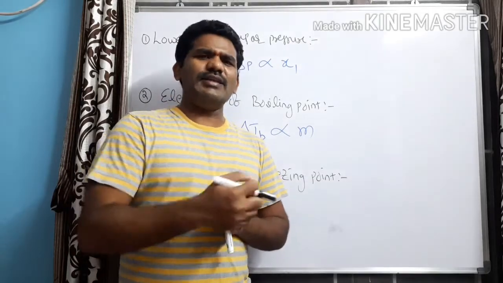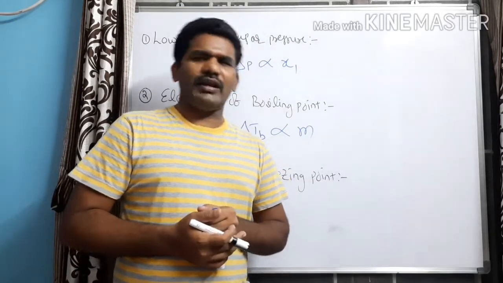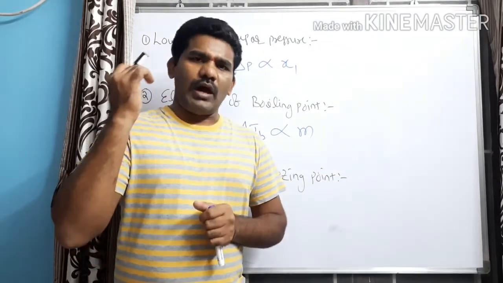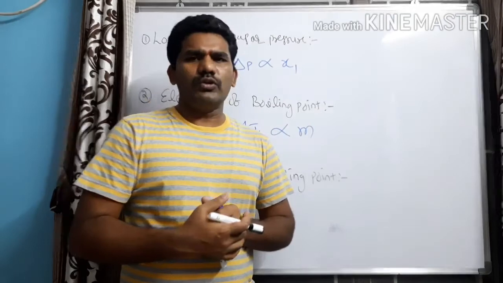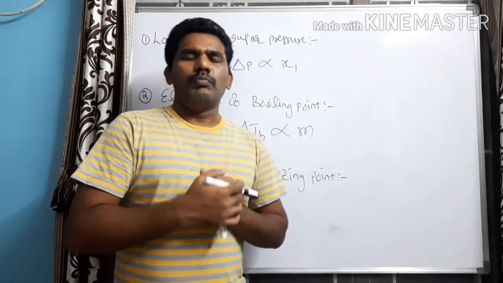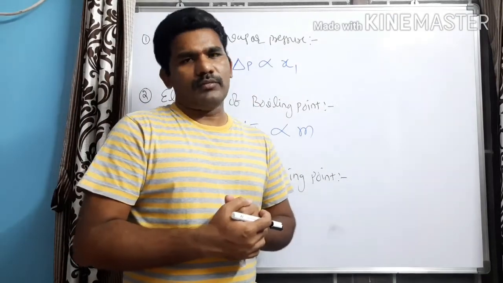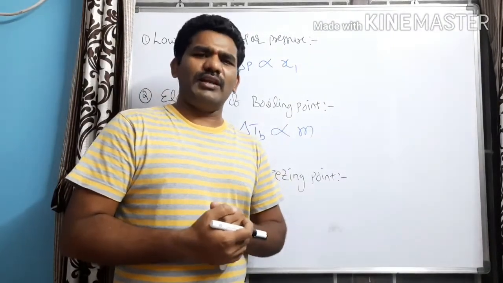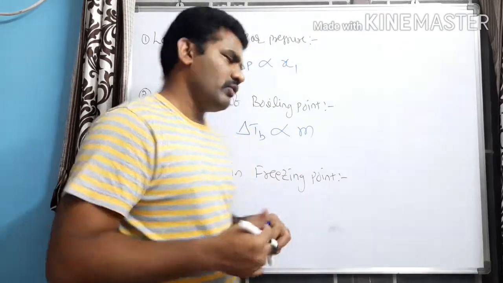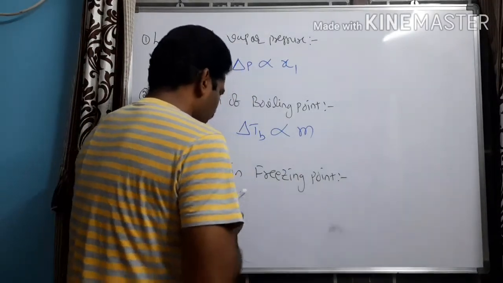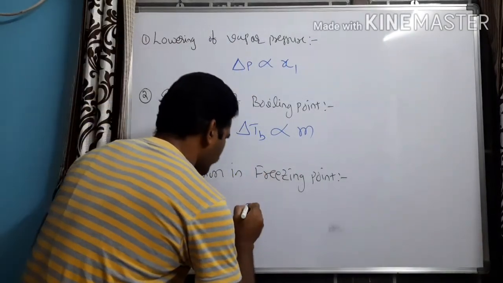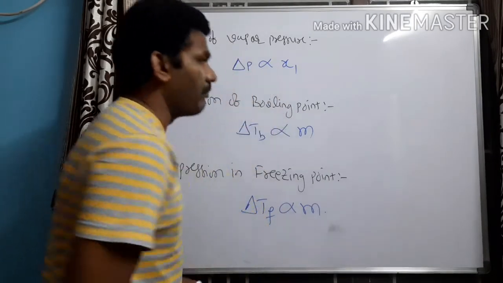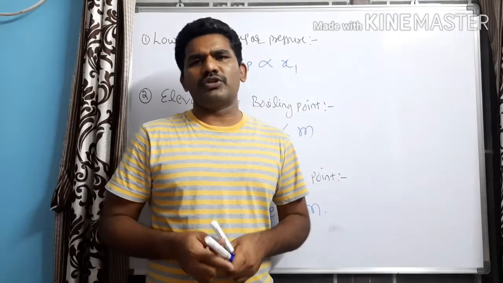This decrease in freezing point is also directly proportional to molality. We can represent it as delta TF. Delta TF is proportional to m.